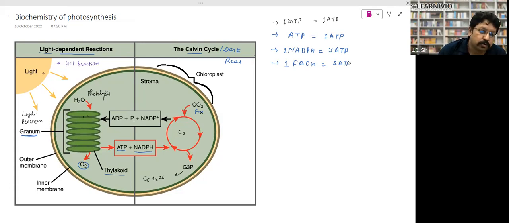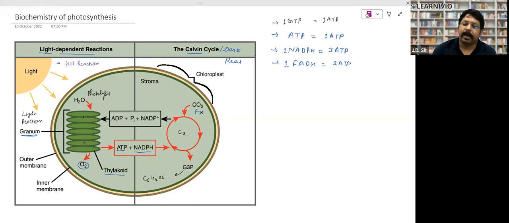Look, here the light comes and falls on the stroma molecule, and this is the granum, right? Light falls on the granum. Photolysis of water takes place, meaning the water molecule breaks down and oxygen is evolved. So the photolysis part is called light reaction.